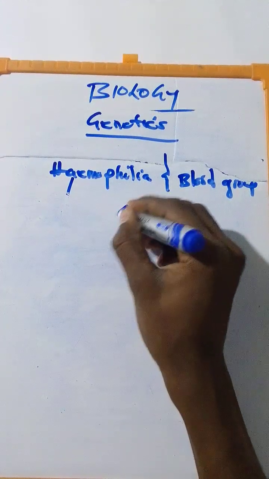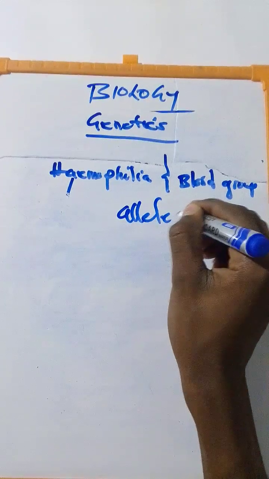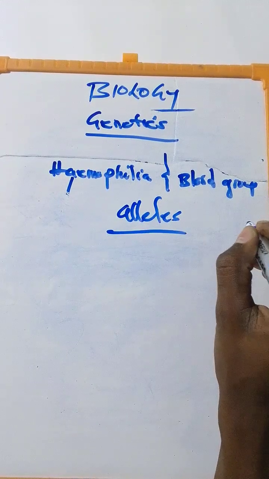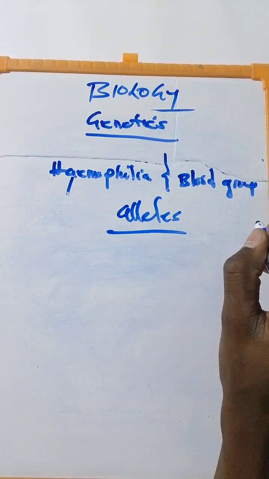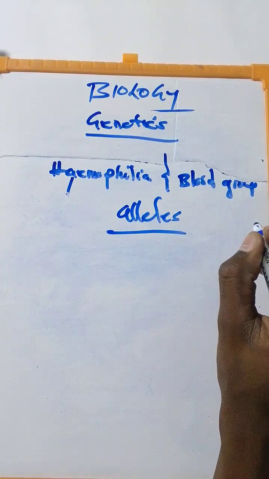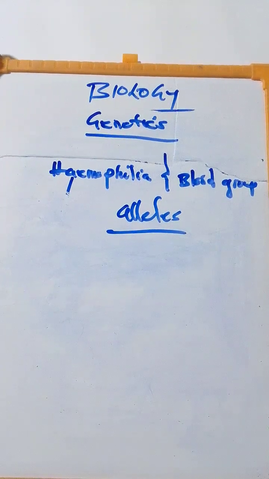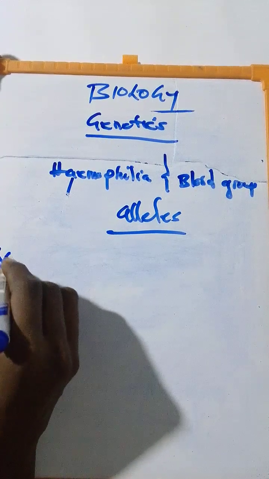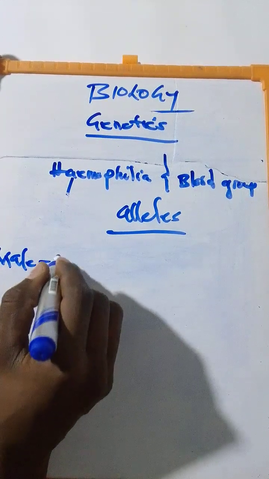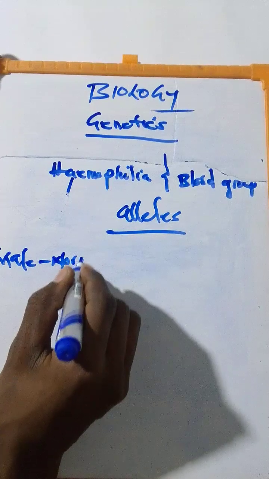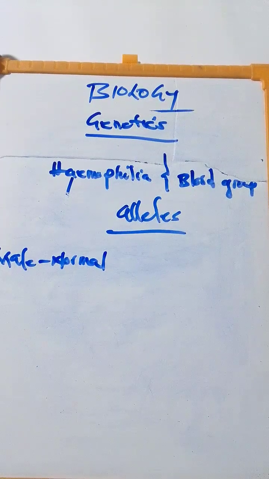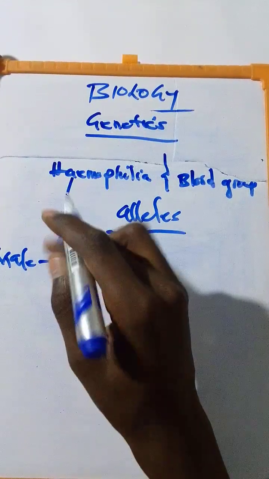talk about the alleles which are normally used whenever doing the genetic diagrams under hemophilia. Under the alleles, we'll start with a male who is normal.